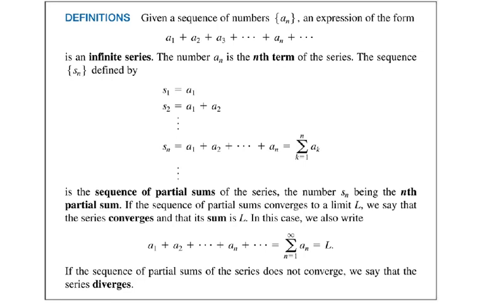So we're given a sequence of numbers here, a sub n, and an expression in the form of a sub 1 plus a sub 2 plus a sub 3. So adding all of these terms. And this, when you sum it up, represents an infinite series, right? We have what is called an nth term.